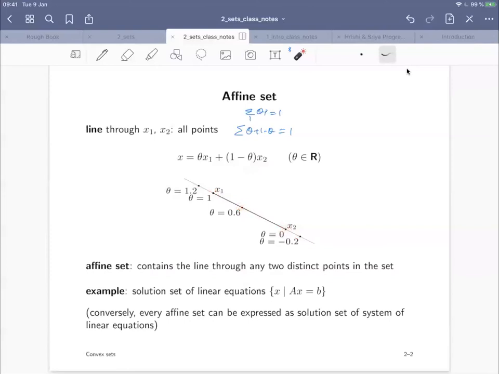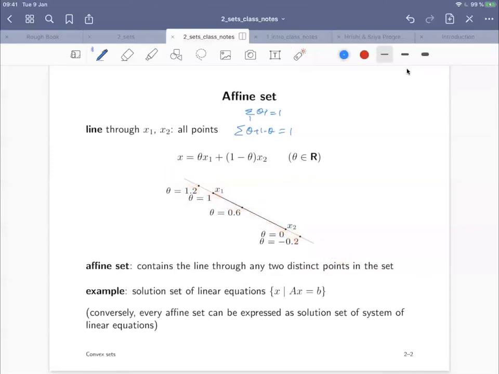And as you keep on varying theta, you will get a line passing through these 2 points. If you consider this line, that is an affine set because if you take any 2 points in this line, the set contains the line through those points.